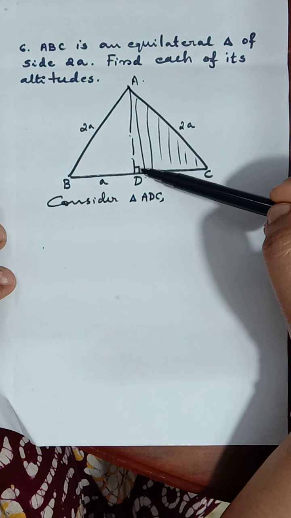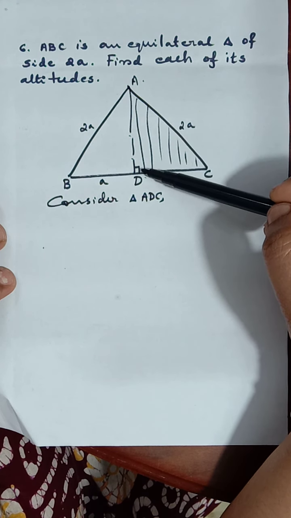AD square is equal to hypotenuse square, that is AC square minus DC square. Otherwise AC square is equal to AD square plus DC square. Minus DC square becomes plus DC square on the other side. We have to get AD now, one altitude we are finding out. That is AC square minus DC square.